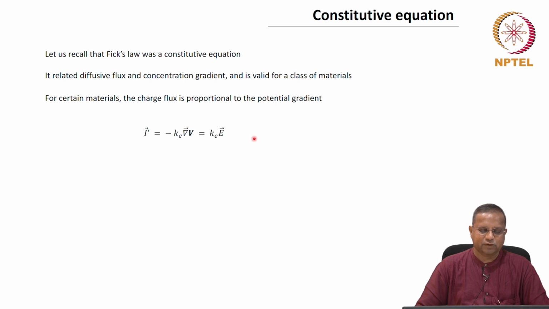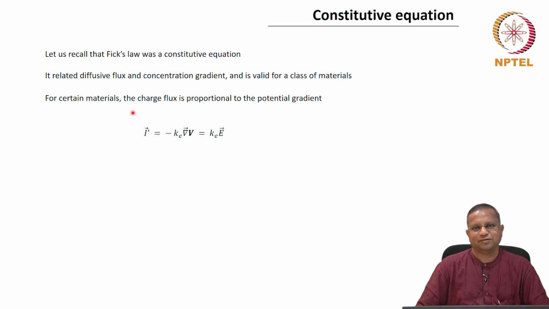In other words, I dash is the charge flux, charge per time per unit area perpendicular to the direction of motion, proportional to minus del of V, and the constant of proportionality is Ke. So it can be written as Ke times the electric field, because minus del V is the electric field. So can you now guess what the constitutive equation is in the charge flux case?